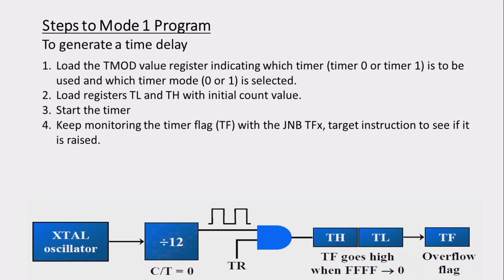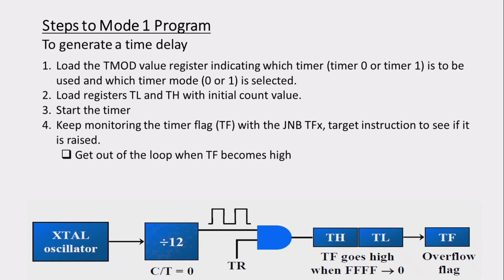Once the timer is started, I should keep on watching my TF flag, that is my timer flag. Once the timer flag has been raised, at that time I should stop the timer. In order to stop the timer, I'll be using clear TR0 or clear TR1 based on which timer you have selected.